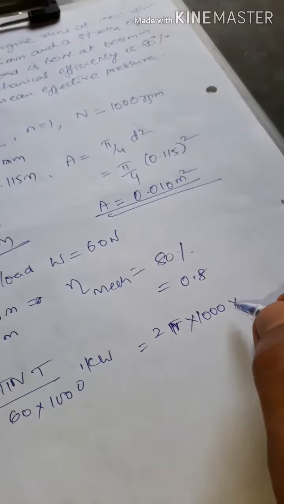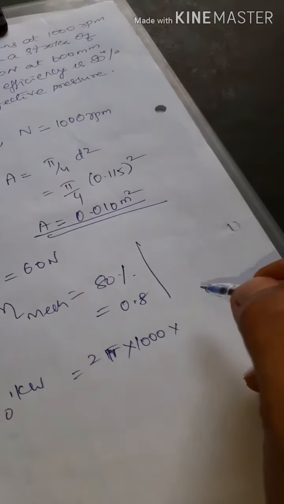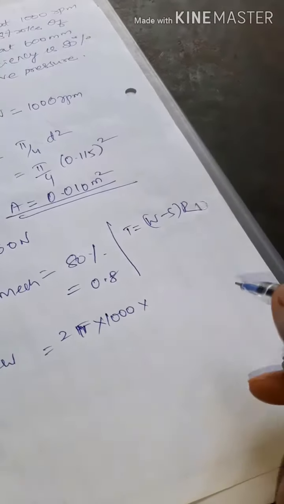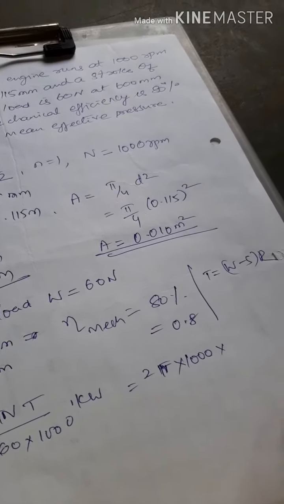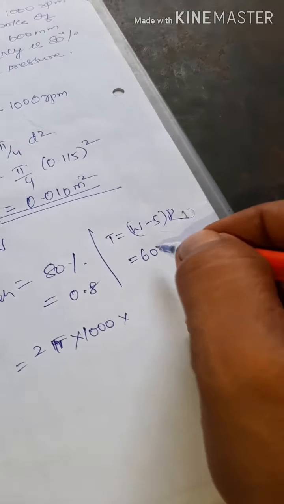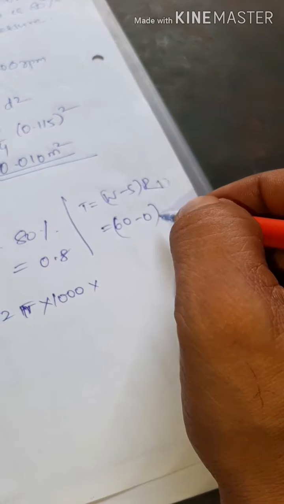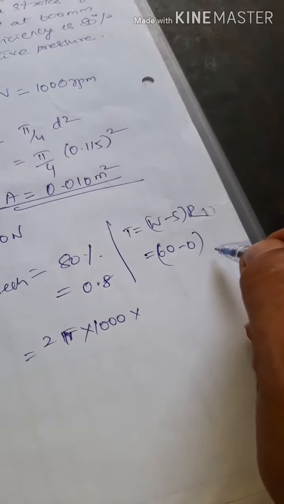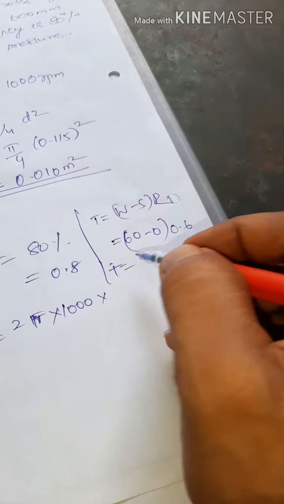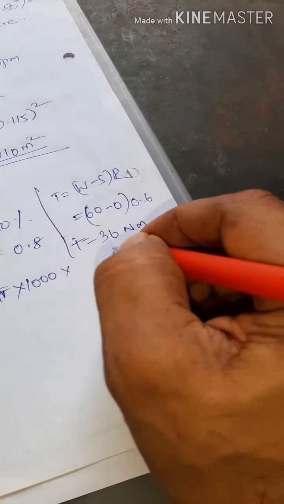T you have to find out separately. T is (W minus S) into R. Substitute W is 60. The spring value is not given, so it is 0, multiplied by R. The R value is 0.6. So torque is equal to 36 Newton meter.